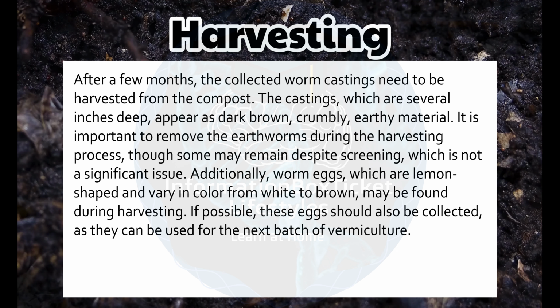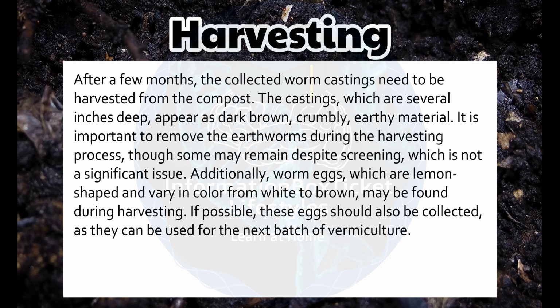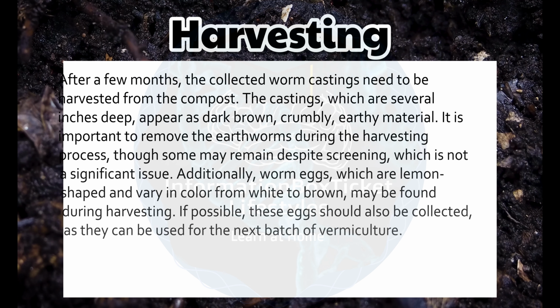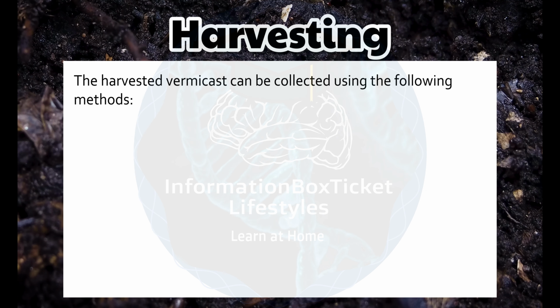Additionally, worm eggs, which are lemon-shaped and vary in color from white to brown, may be found during harvesting. If possible, these eggs should also be collected as they can be used for the next batch of vermiculture. The harvested vermicast can be collected using the following methods.